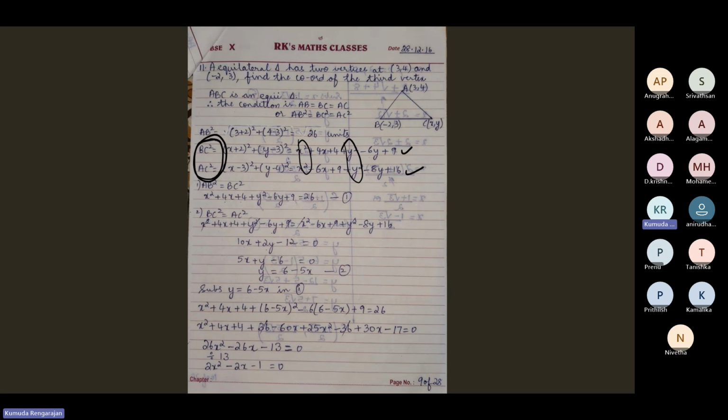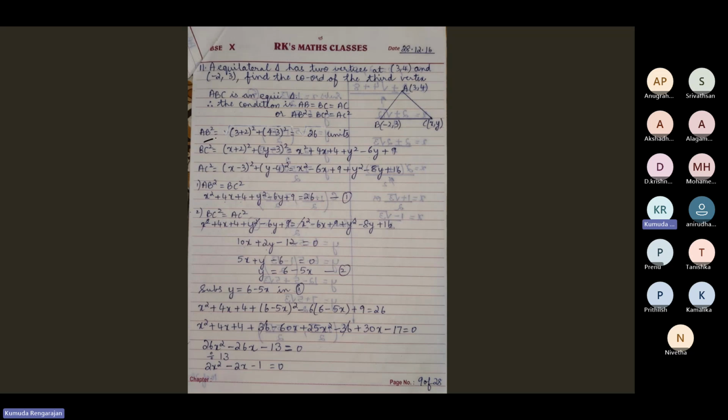So this is compulsory. Now, one more, anything you can decide. I have done AB square is equal to BC square. You can also do AB square is equal to AC square. Equating the two equations that have X square and Y square is very important. All right, so that's what it is.